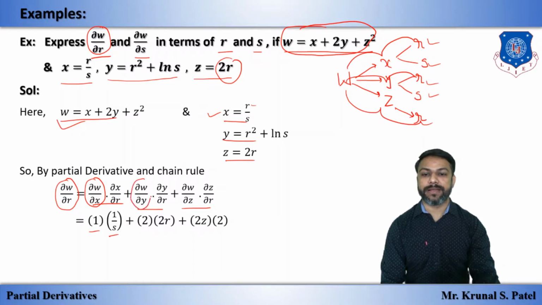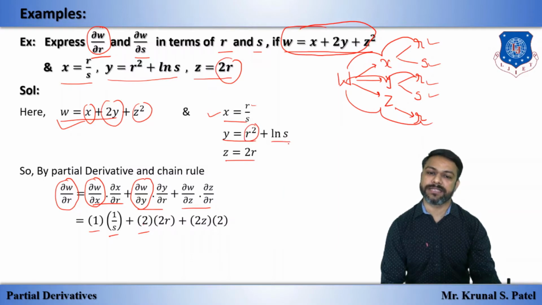Now del w by del y. We know that for the partial derivative with respect to y, x and z are treated as constants, so the differentiation of those two is 0 and the differentiation of 2y is 2. Now the differentiation of y with respect to r gives 2r, and the differentiation of the other term is 0.